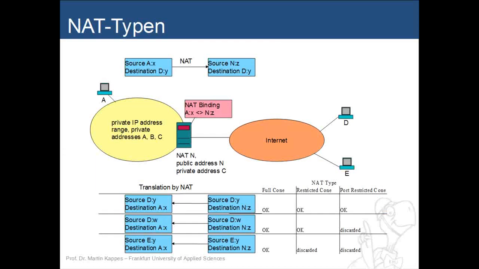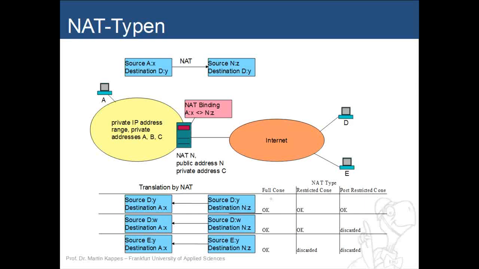There is full cone NAT, where an existing binding is used for all incoming and outgoing packets, which basically means if there is a binding, as you see here, that would bind, for instance here, AX to NZ, then it is basically okay. Any of the machines D or E can basically use the port NZ here and send something, and it's always going to be forwarded to AX.